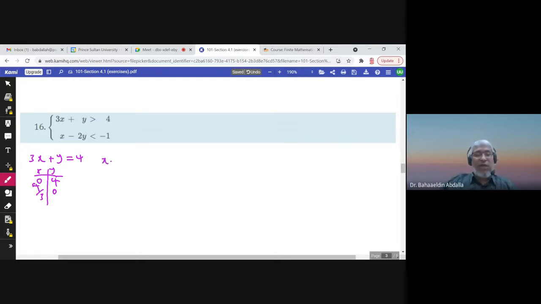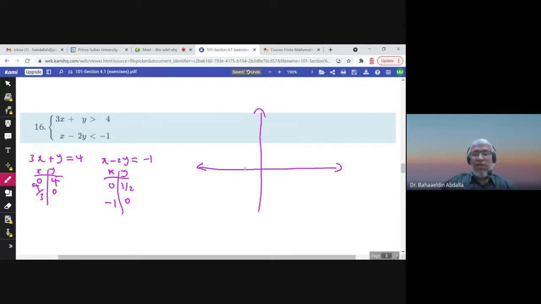For the second line, x minus 2y equals minus 1. If x is 0, negative 2y equals negative 1, or y equals half. If y is 0, x is negative 1. So I can sketch the graph.